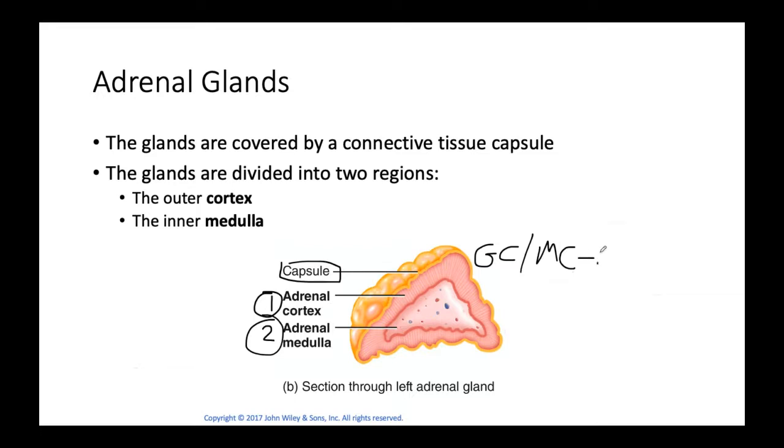The mineral corticoid is aldosterone, whereas the glucocorticoids are all of the C's, right? Cortisol, cortisone, corticosterone. They're going to be involved in raising glucose levels. The mineral corticoid is aldosterone, and its job is to hold on to sodium and then water. And then the adrenal medulla, the inside, that's where we have epinephrine and norepinephrine, or adrenaline and noradrenaline.